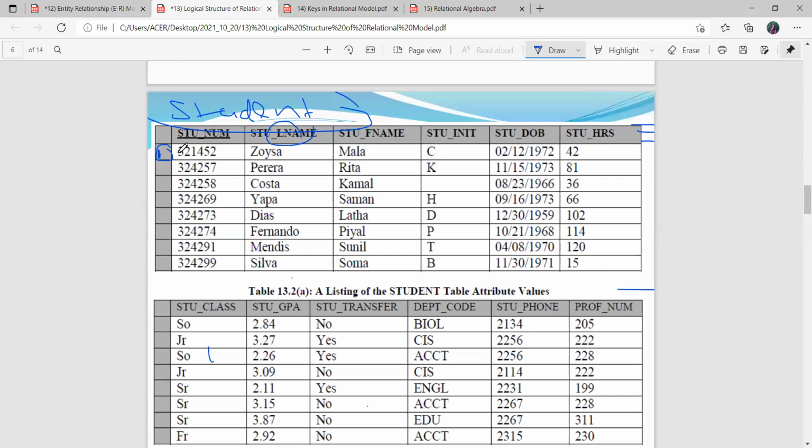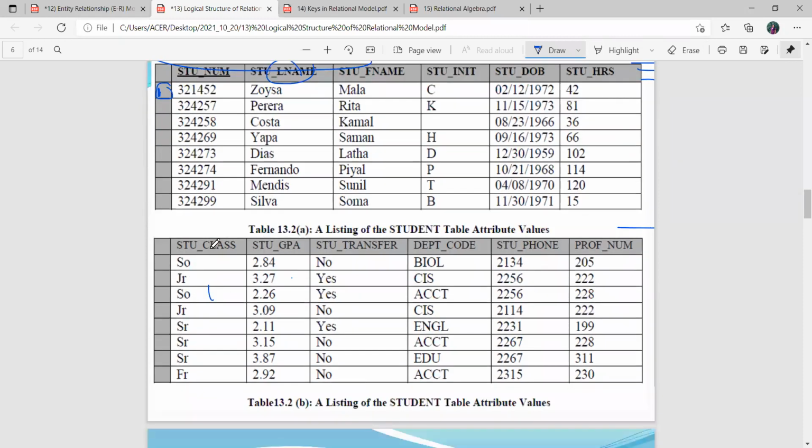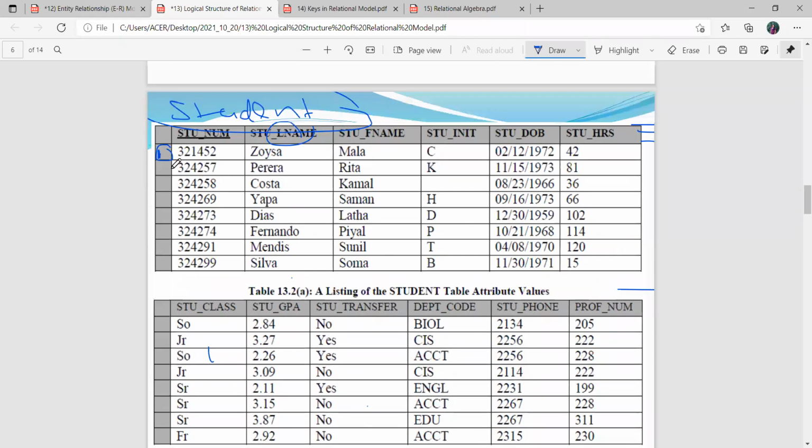You can see the student number 321452 belongs to this student, Mala. This is the date of birth, this is the student's hours, this is the student's class. Likewise, this is the GPA of Mala. So one tuple describes the characteristics of a particular person or a particular instance of an entity.